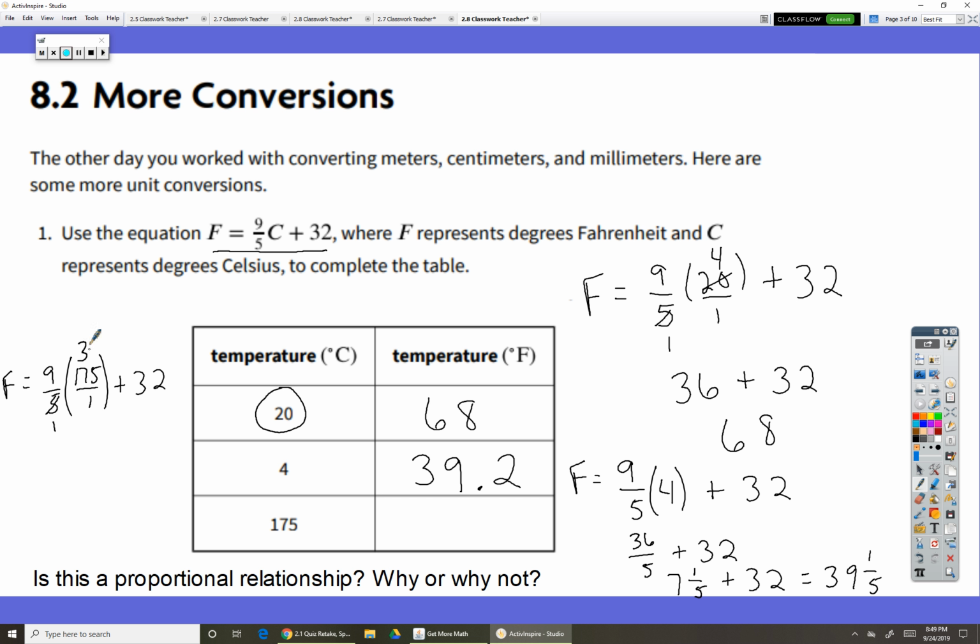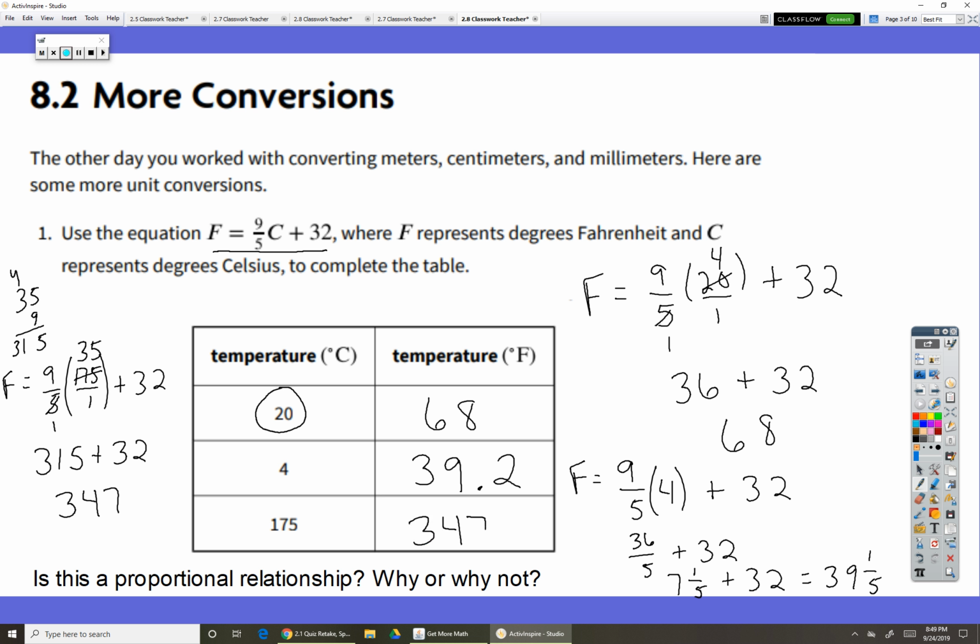I would have 2 left over, and 5 times 5 is 25. 35 times 9, let's see, I'll just do that up here. 9 times 5 is 45. 9 times 3 is 27, plus 4 is 31. So we get 315 plus 32, which is 347.